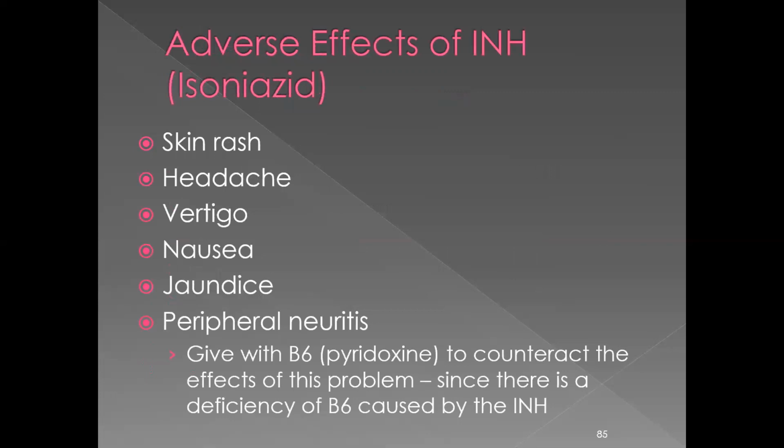So it's fairly safe. The side effects can include skin rash, headache, vertigo, nausea, jaundice, and peripheral neuritis. A lot of times we give this with B6 pyridoxine to counteract this problem, since there is a deficiency of B6 caused by the INH.